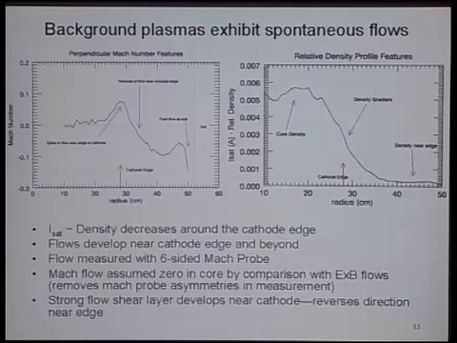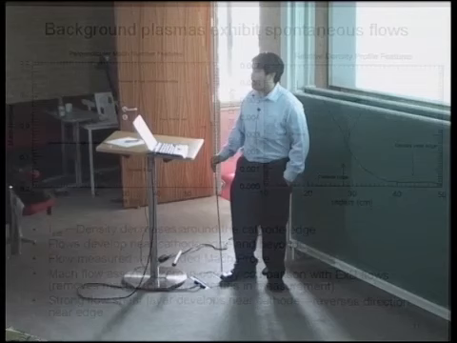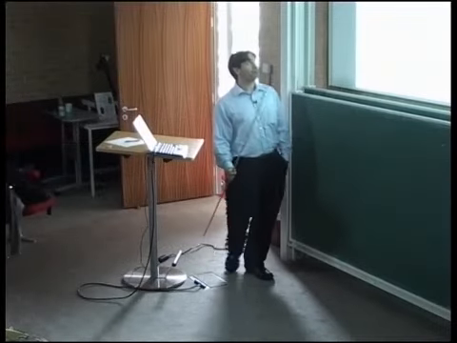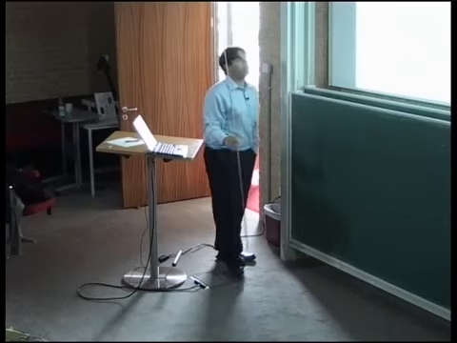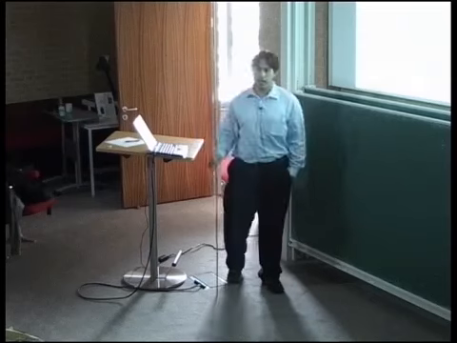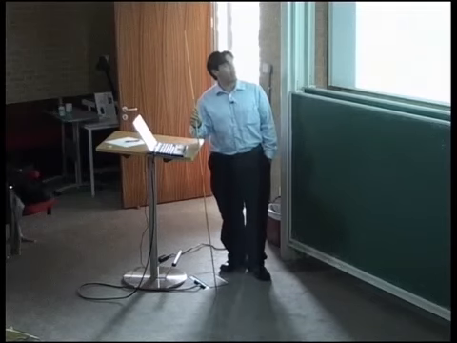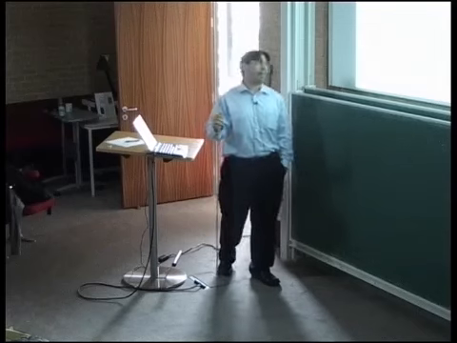And so we see what I'll refer to as a shear layer flow in the cathode edge region, which is in the electron diamagnetic direction of LAPD. And then there's a reversal of flow just beyond the cathode edge, and as you approach the edge of the chamber, in the ion diamagnetic direction.